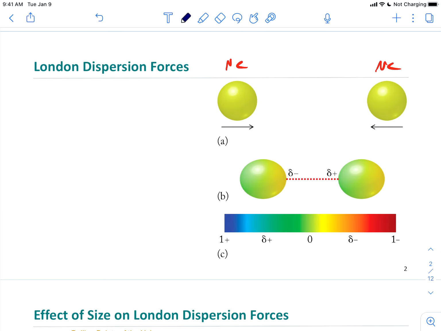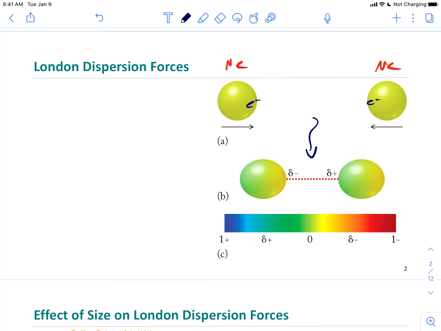And from a quantum mechanical standpoint, we know that there's electrons in these orbitals surrounding the atoms. Well, as they come closer together, it's very possible that an electron here and over here, and I don't want to use location as too much of a descriptive term, but they're in proximity to each other and they're going to repel each other, which could result in electron shifts within one of those atoms that results in partial negative and partial positive charge.